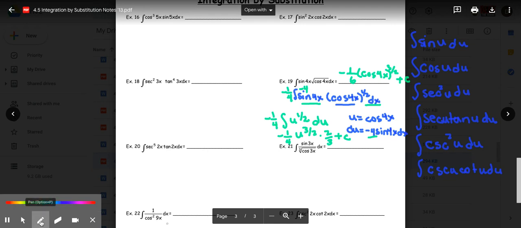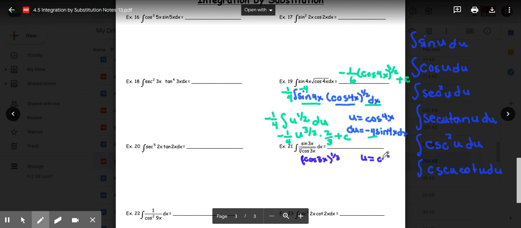We are going to look at example 21. So once again, I can rewrite this as cosine 3x, the whole thing to the 1/3 power on the bottom there. And I think you'd agree with me in saying it does not look like any one of these off to the right. So you got to think bigger in terms of your u.